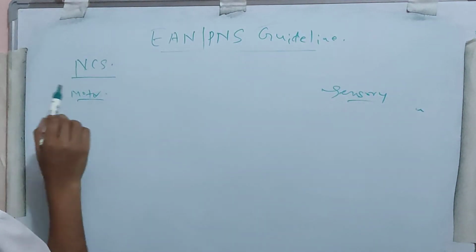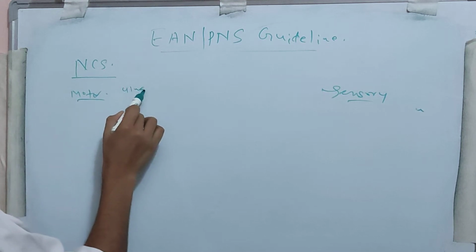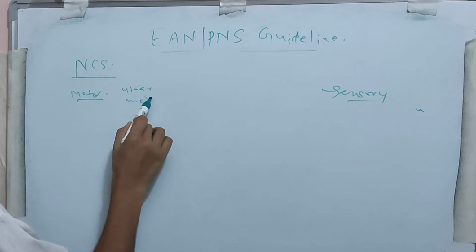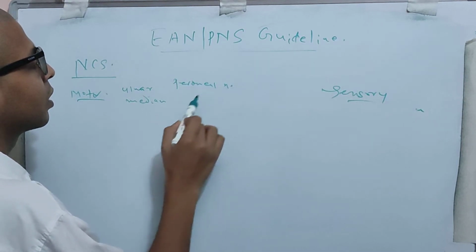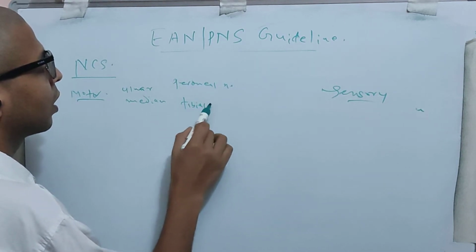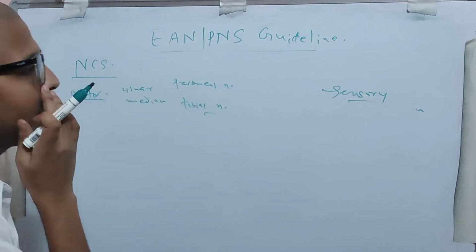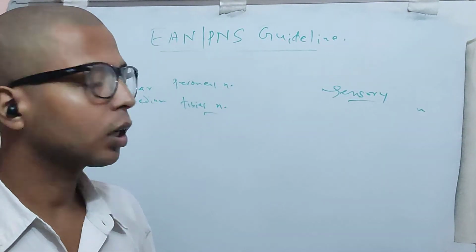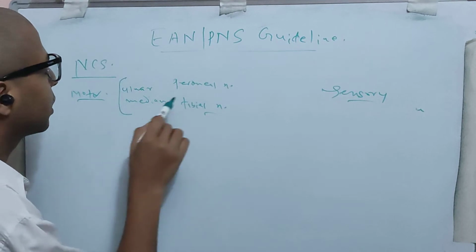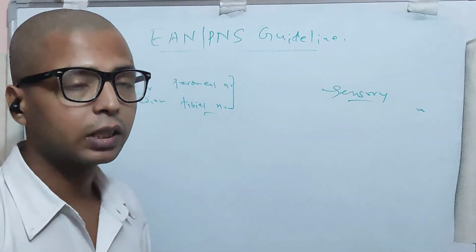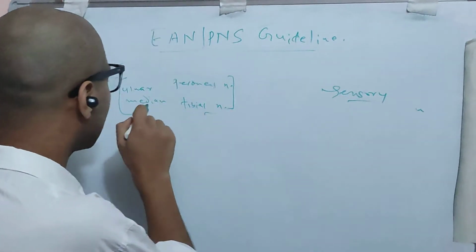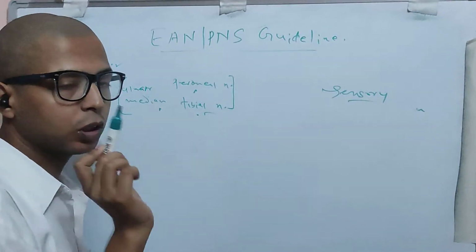In motor, we test the ulnar nerve, median nerve, peroneal nerve, and tibial nerve. If you see a demyelinating feature, motor conduction block in at least two nerves, it meets the electrophysiological criteria for CIDP. But if you see it in one nerve, then that is possible CIDP.